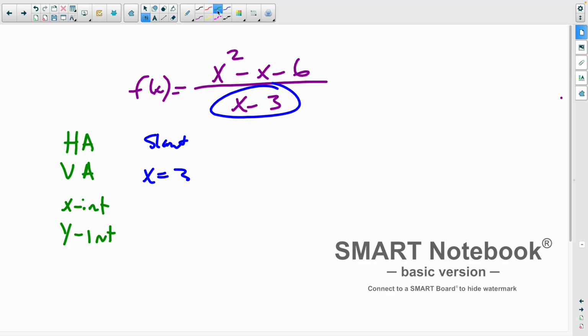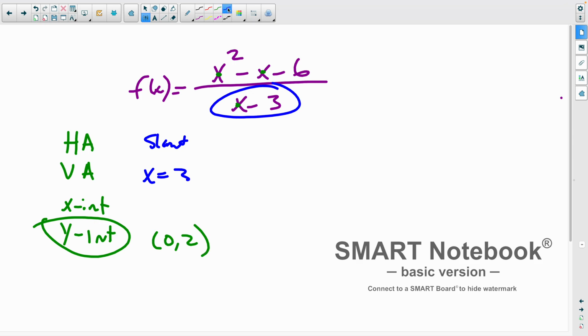All right. The other thing, this one's pretty easy. 0 there, 0 there, 0 there, which leaves me negative 6 over negative 3, which is 2. So 0, 2. Okay? What is my x-intercept?